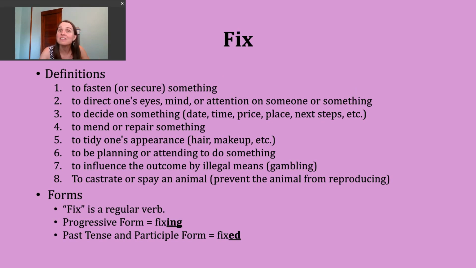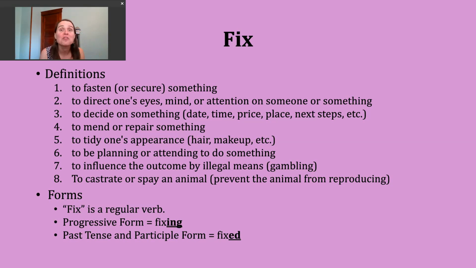So let's begin by saying that one way people use the verb fix is to talk about fastening or securing something, right? So this can be done with tools, could even possibly be done with glue, but you might think of kind of attaching something in a very secure way.